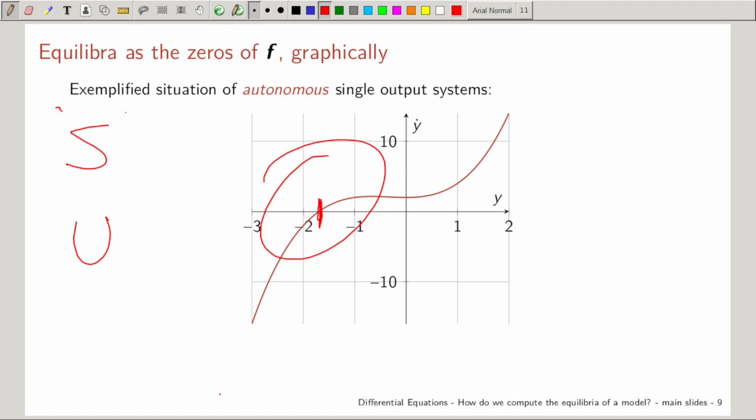Why? Discuss. Why would you say that it's unstable, that it's correct? Unstable means that I move a little bit far and I will escape.